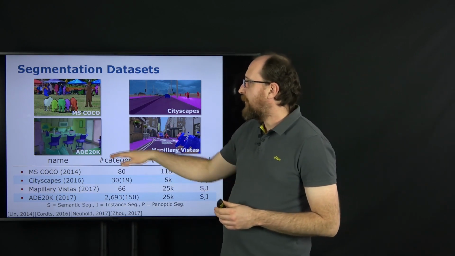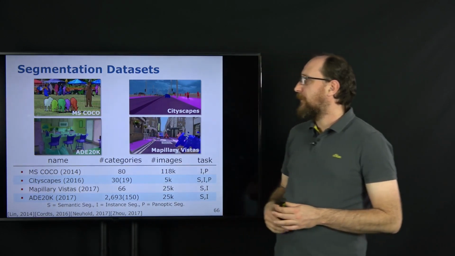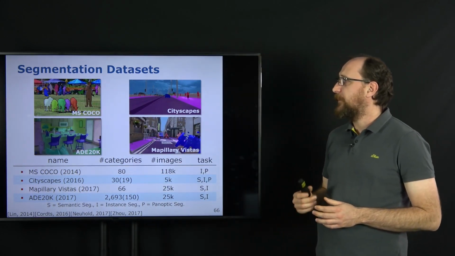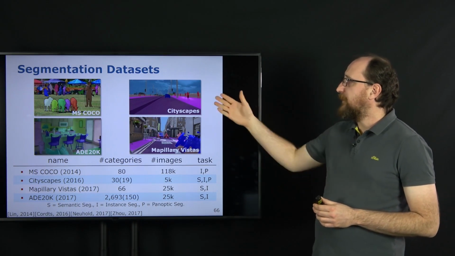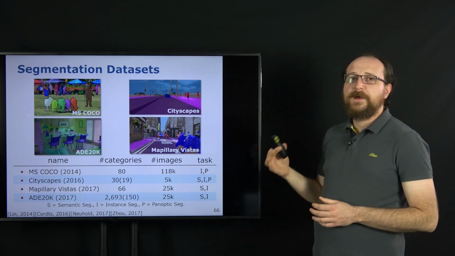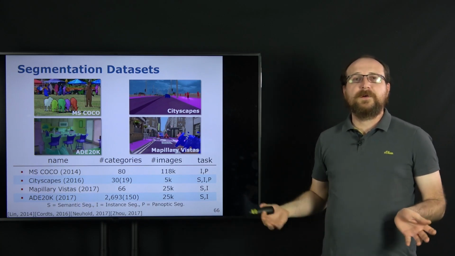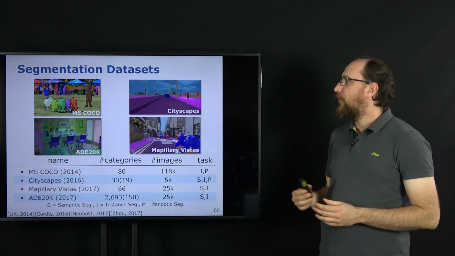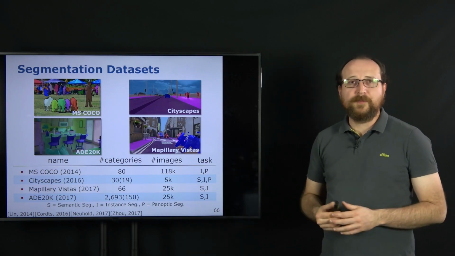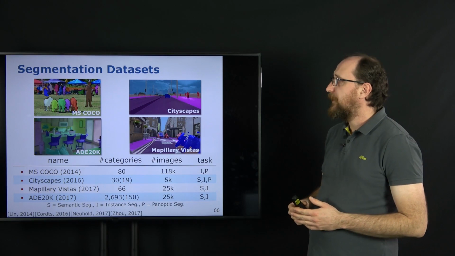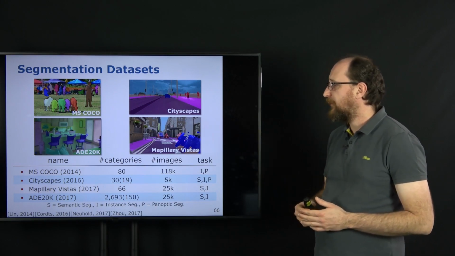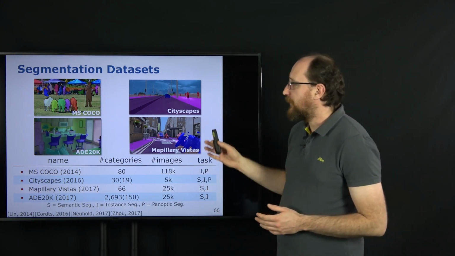One of the most famous or earliest datasets was the so-called MS-COCO dataset, Common Objects in Context, but also the Cityscapes dataset, which provides semantic segmentation, but later also panoptic segmentation, for different cities in Germany. If you're interested in semantic or even panoptic segmentation, you can have a look at these datasets.